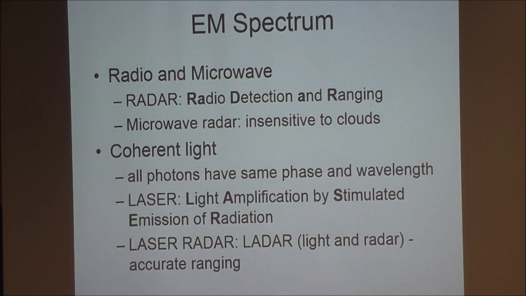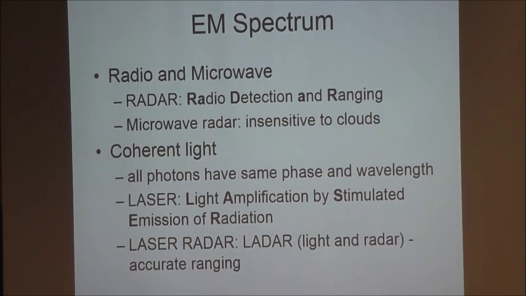Radio and microwave also allow you to have a lot of other potential. Radar is a very important class. It's radio detection and ranging. That's what radar stands for. Microwave radar is insensitive to cloud.